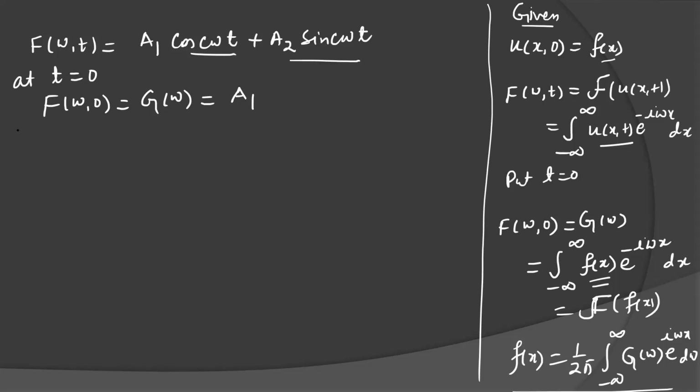What about the second given condition? The second given condition is del u by del t at (x,0) is 0.